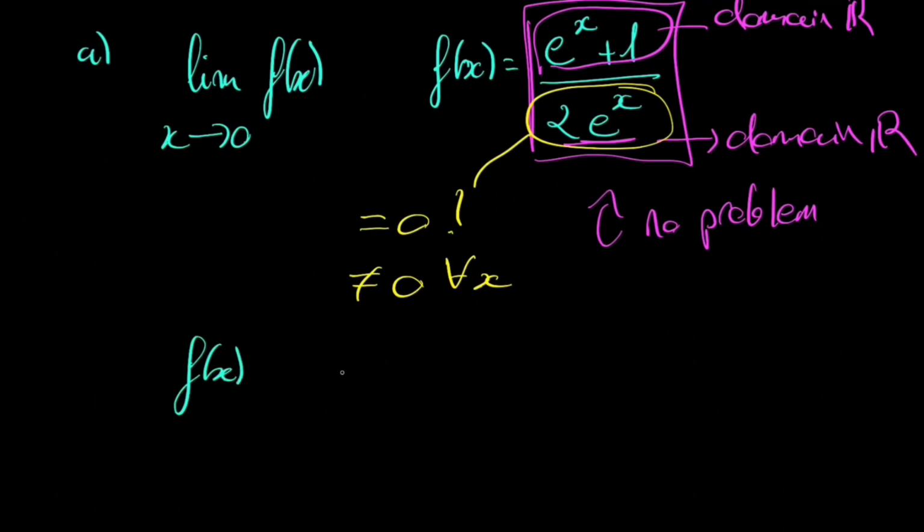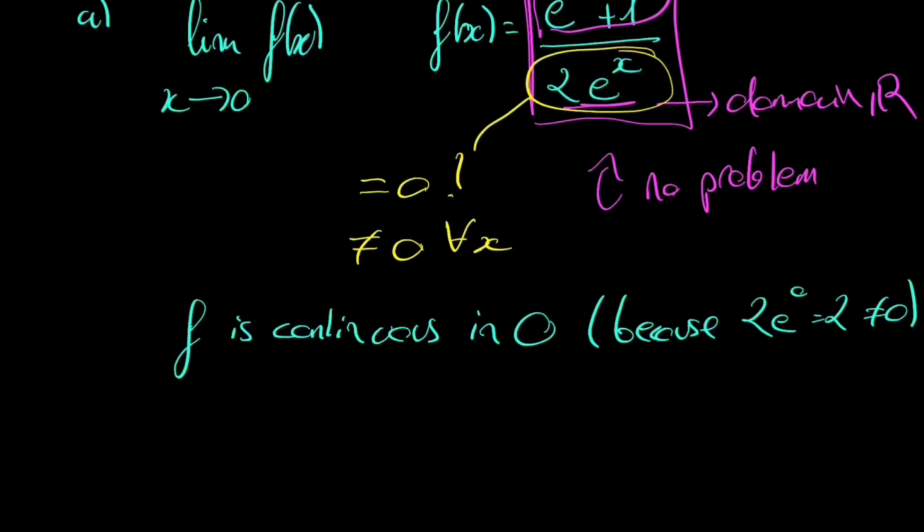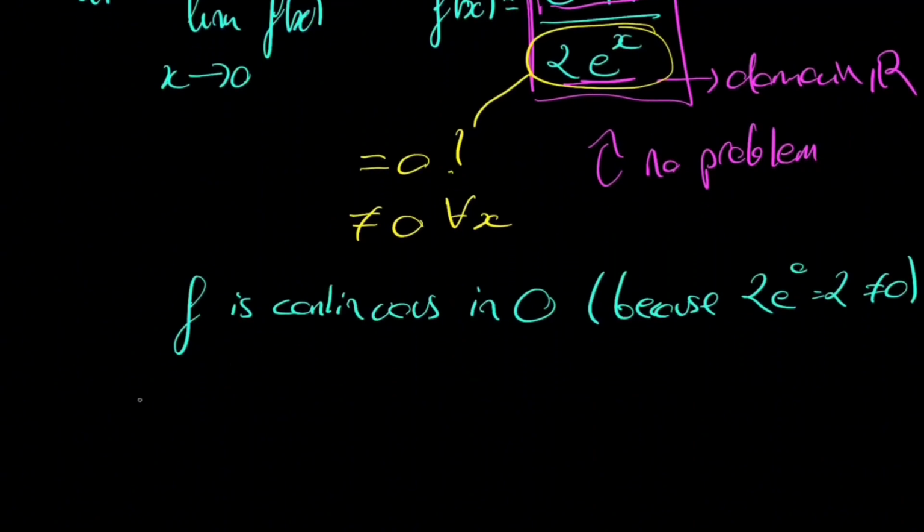f is continuous in 0 because 2 exponential of 0 is different from 0. So f is continuous in 0.